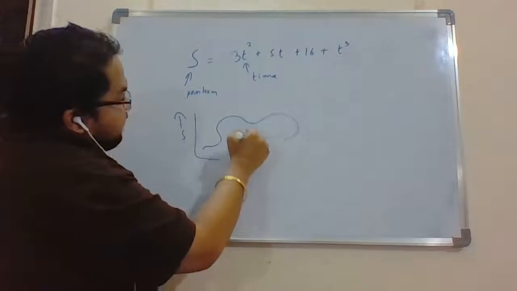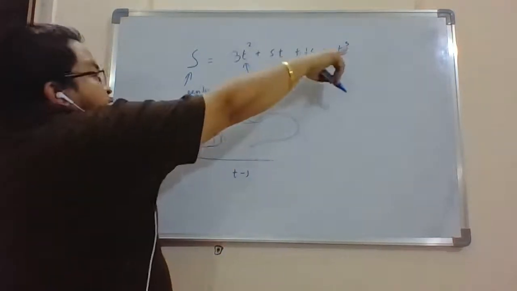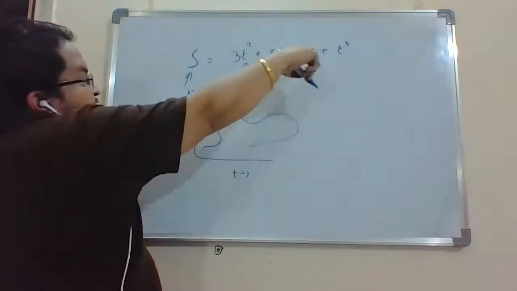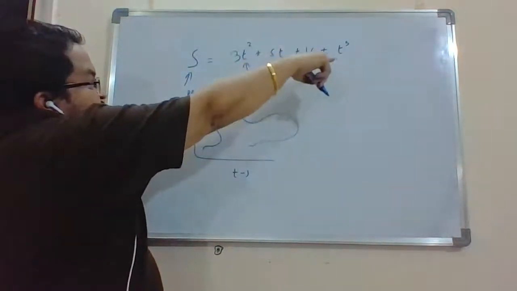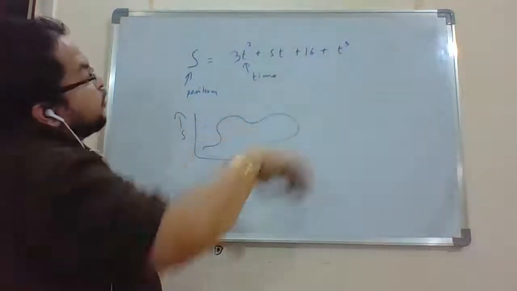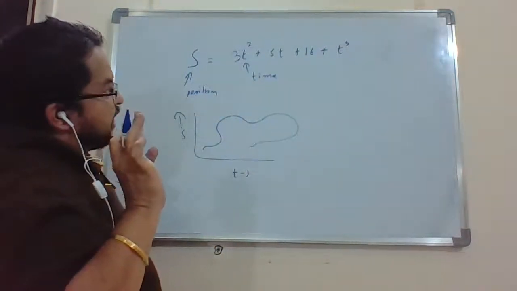So we are saying that this is position, this is time. So this graph is something in such a way. The highest power is 3, so we know that if the highest power is 3, then obviously it cannot be a straight line, right? So it's traveling a zigzag path.